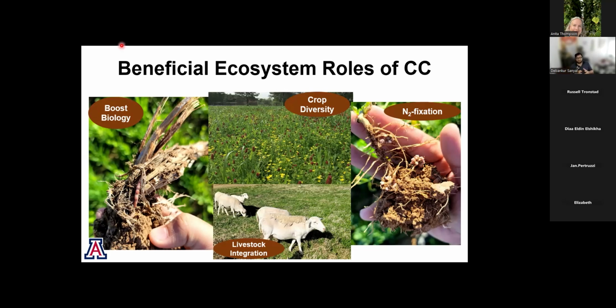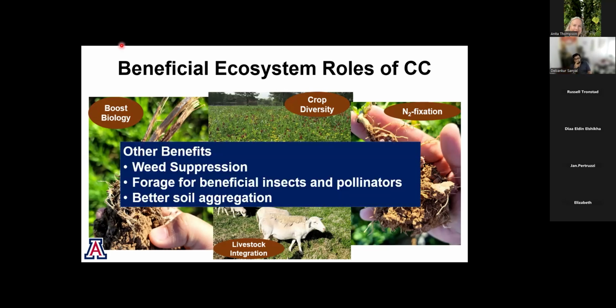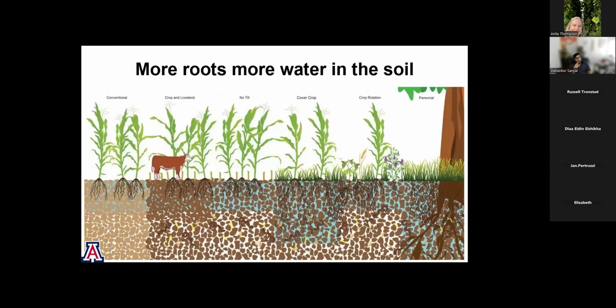There are other benefits too, like we can definitely control weeds, because if you don't have anything growing, something will grow there if there is a resource, if there is water, if there is carbon. But for this presentation today, I'm going to talk about cover crops from the soil conservation side.